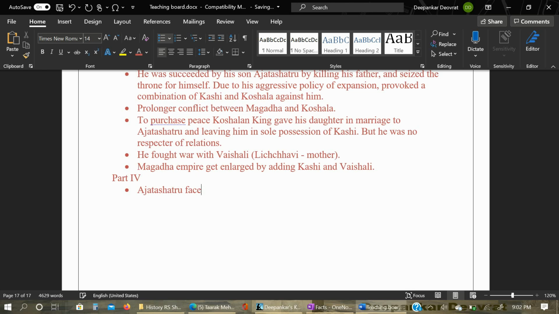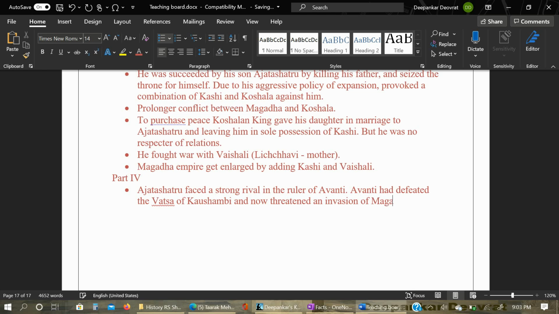Ajatashatru faced a strong rival in the ruler of Avanti. Avanti had defeated the Vatsa of Kaushambi and now threatened an invasion of Magadha.